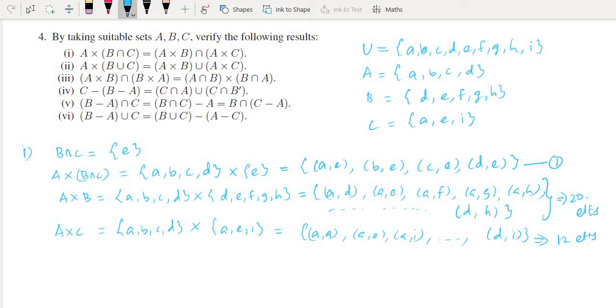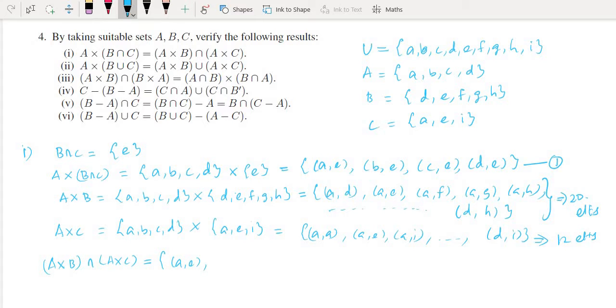But if we take the intersection of these two, (A cross B) intersection (A cross C), definitely we'll be having (a, e) here and (a, e) here as well. So I have found one element in common, which is (a, e).